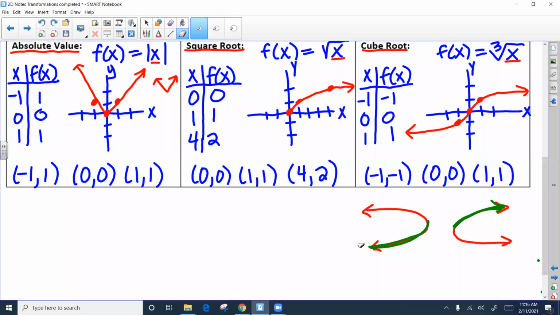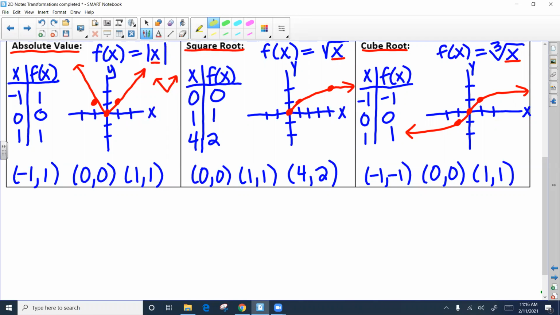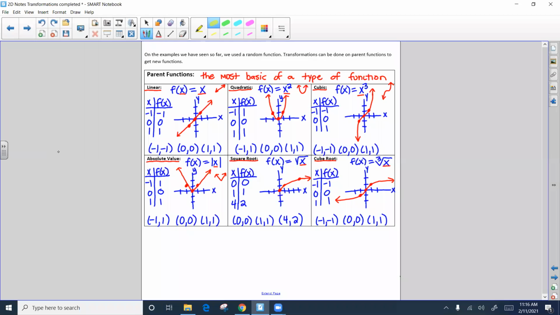Okay, so those are our functions. I'm going to put the whole thing up in just a sec so you can see.